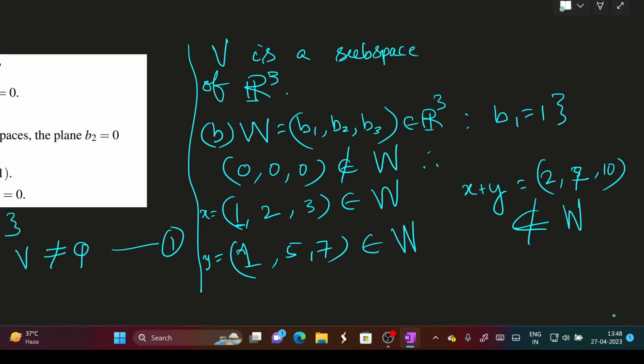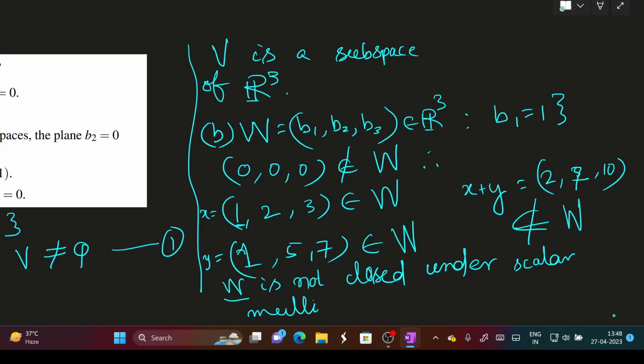So what can we conclude? W is not closed under vector addition.